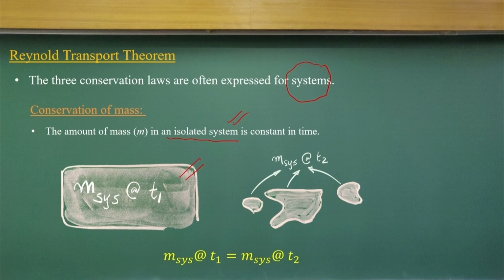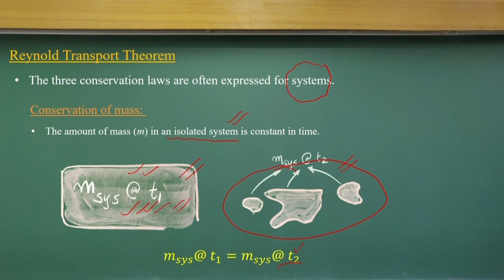That means the mass at the system level at T1 is equal to the mass at the system level at T2, but they can occupy a simple space at this location, while at T2 they can fragment and occupy a very complex surface.